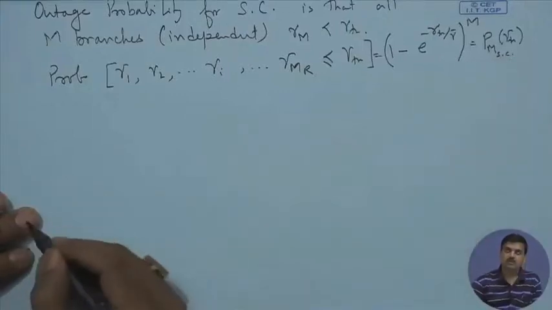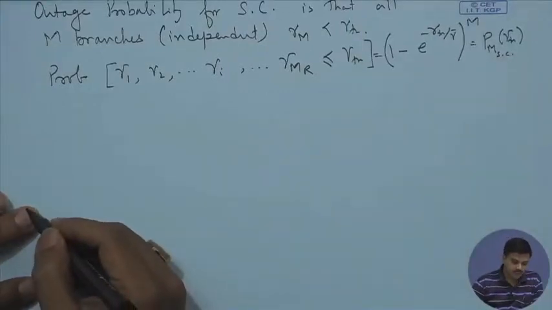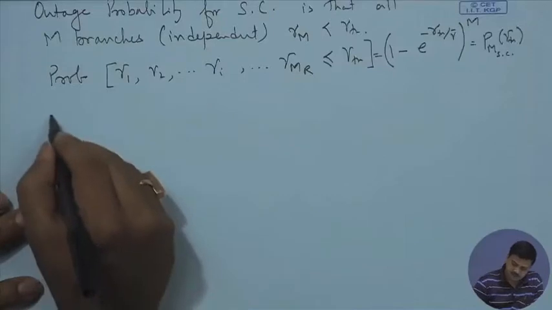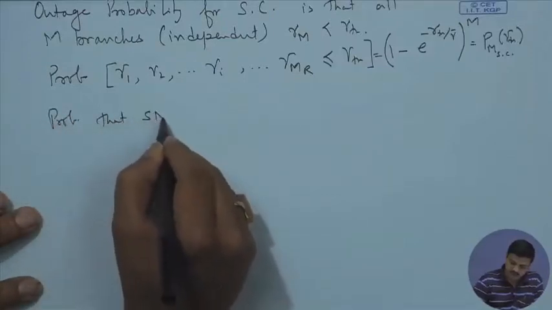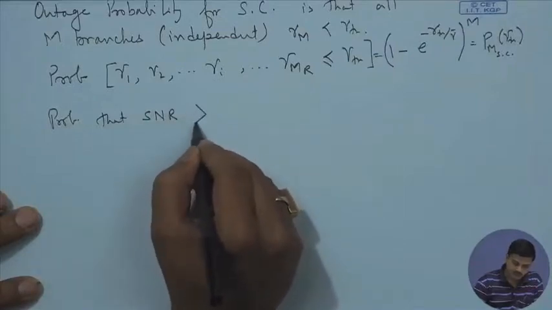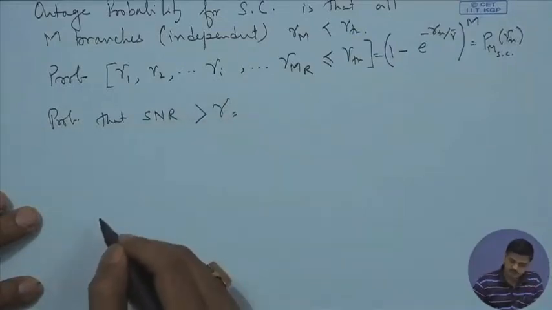I would put selection combining over here, and this is the coverage probability, that the SNR, signal to noise ratio, is greater than a certain gamma.